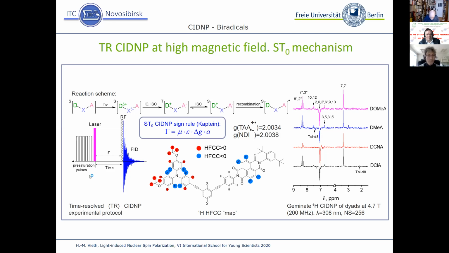So the triplet state is newly formed in F-pair encounters. Okay, I guess this answers the question.